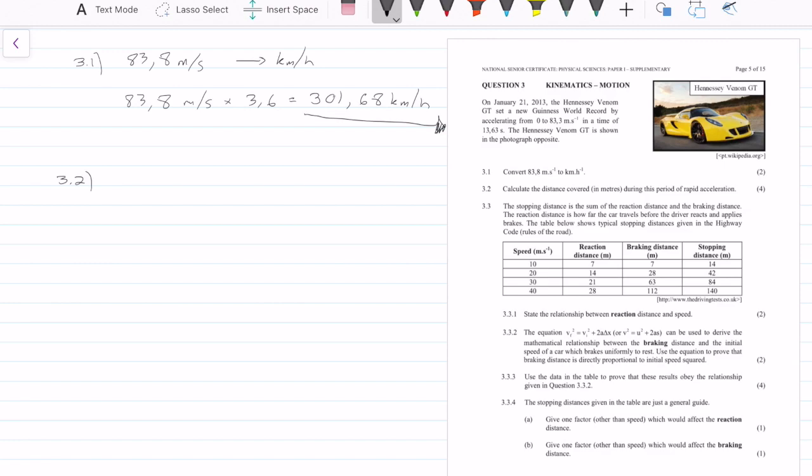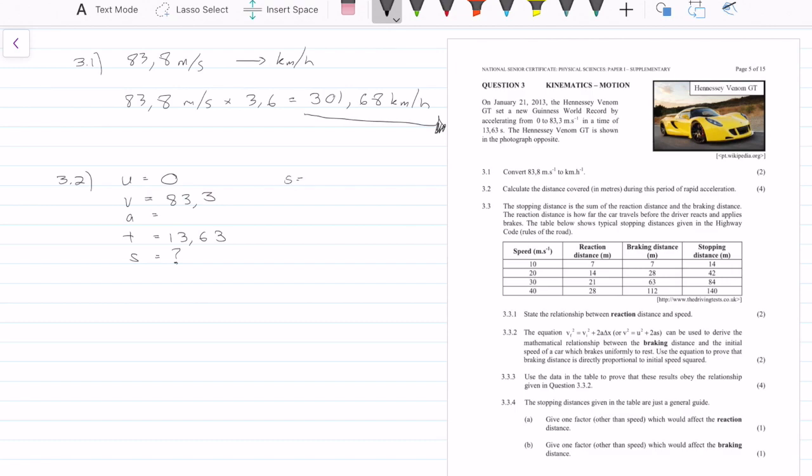Okay, so this is a simple UVAT. The initial velocity is 0. The final velocity is 83.3. The acceleration is unknown, the time is 13.63, and the distance is what we're looking for. So what formula can we use?